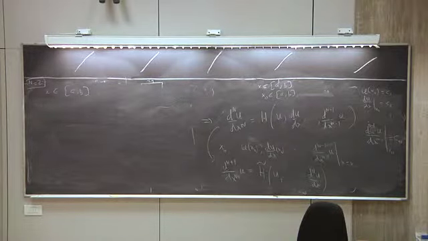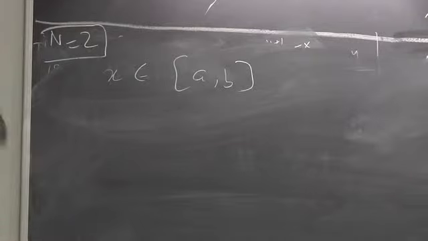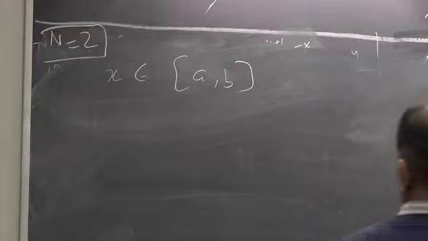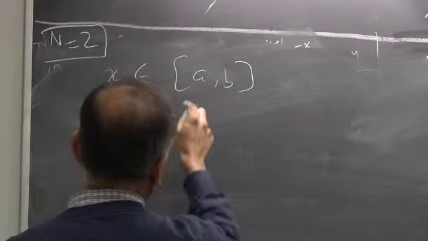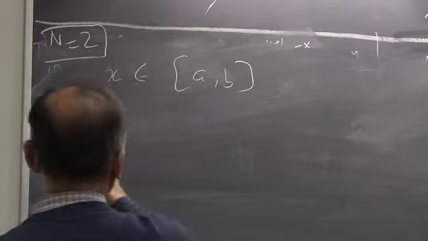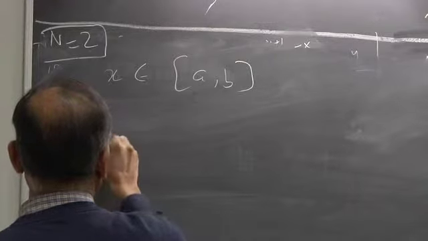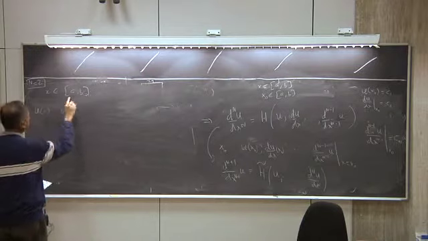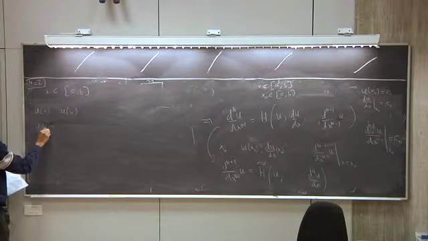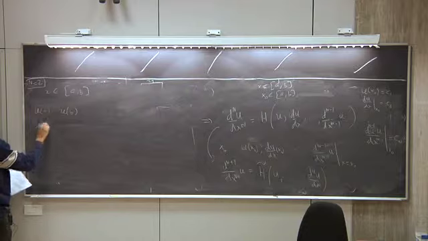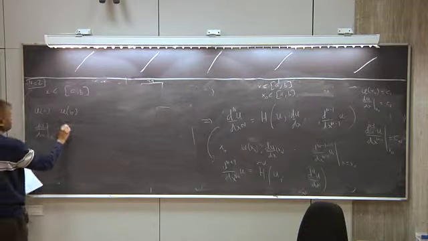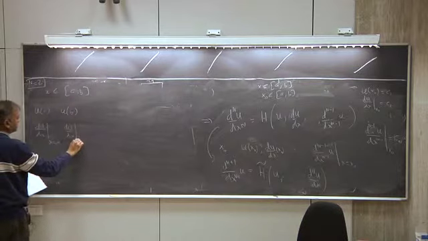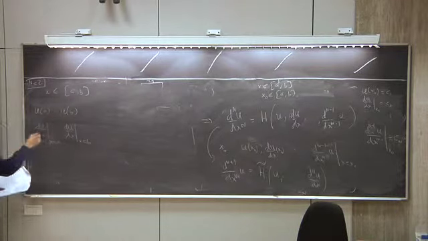So capital N equal to 2 would be the interesting case. In this case, I need 2 data, but you can choose a more general boundary condition in the following way. You have u at a and u at b, the 2 endpoints, and the first derivatives du/dx at x equal to a, and du/dx at x equal to b. These are like 4 data.